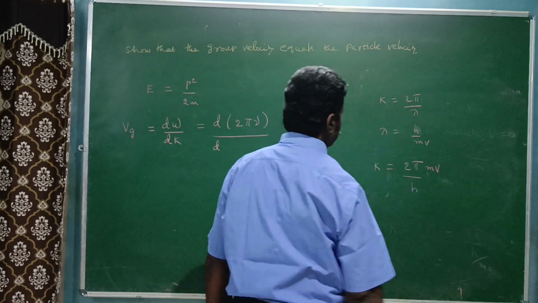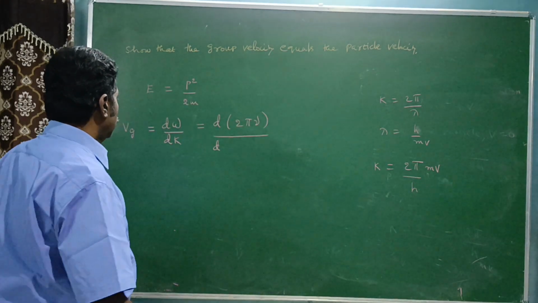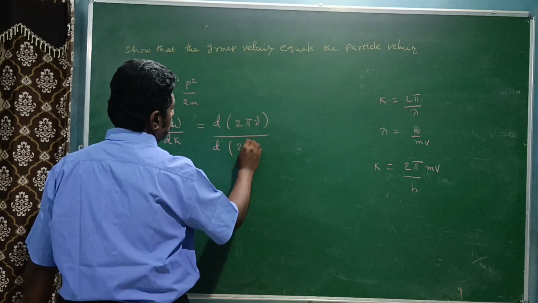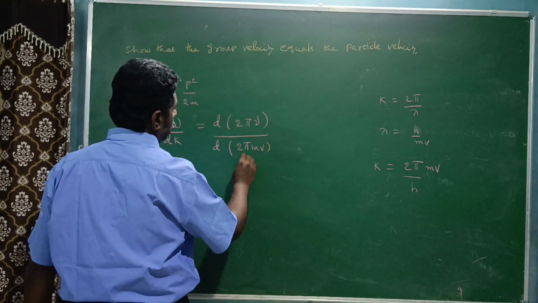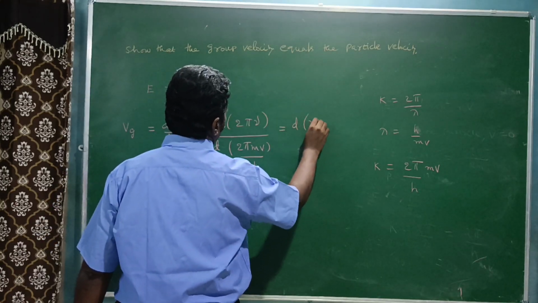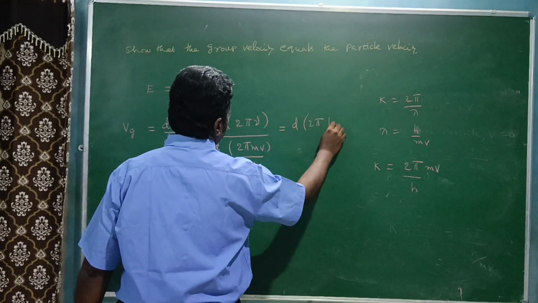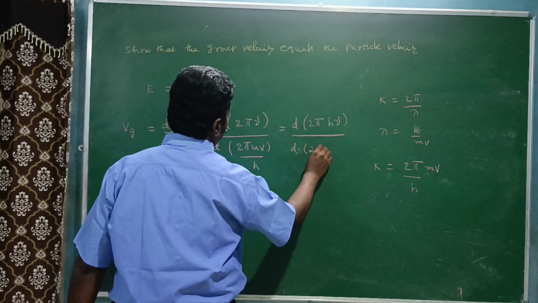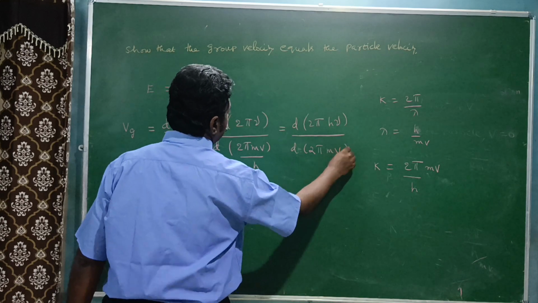This is the value of k. Now, instead of k, we substitute 2 pi mv divided by h. This is equal to d of 2 pi h into nu divided by d of 2 pi mv.